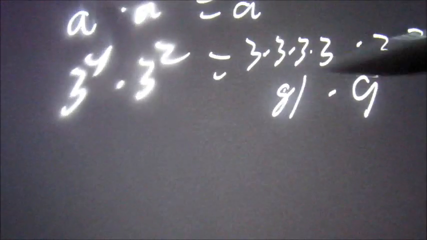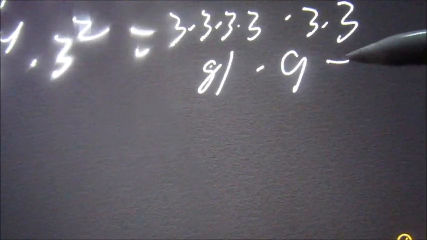Okay, so 3 times 3 is 9. Times 3 is 27. Times 3 is 81. Times 3 times 3 is 9. And when we multiply 81 times 9, we're going to get 729. Okay, so that's when I just worked it all out.